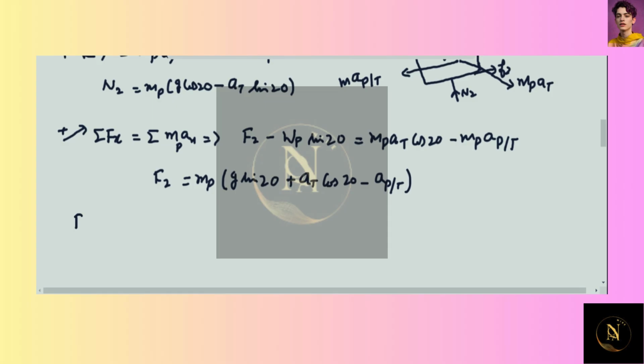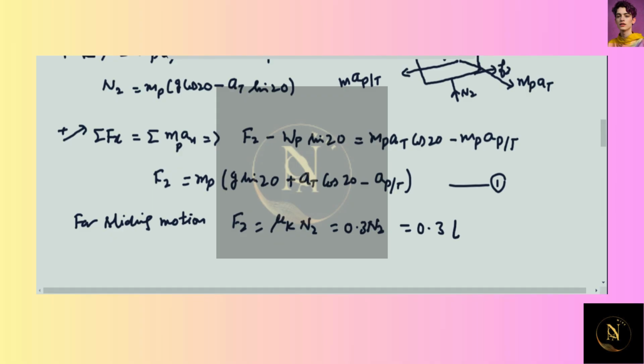For sliding motion, F2 has the value mu k into N2, 0.3 into N2, or N2 we know, so 0.3 into mass of ply into g cos 20 minus AT sine 20.